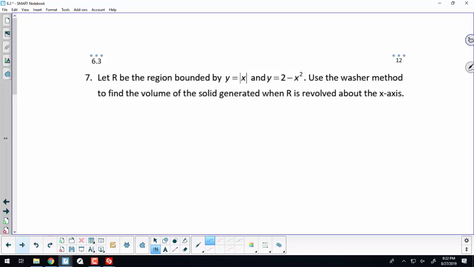Last example here, and again, this example will show us another reason why symmetry can be useful. Okay.